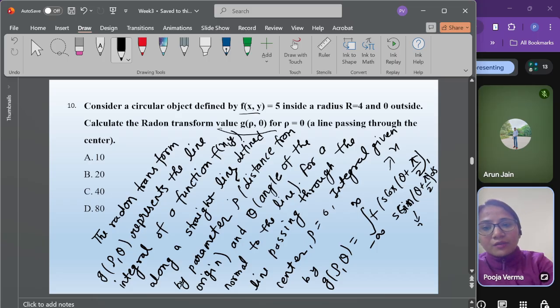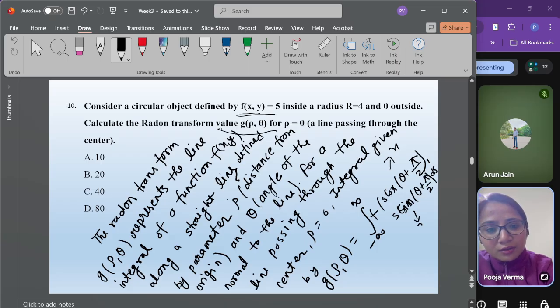Since the considered object is a circular object defined by f(x,y) equal to 5, the object is a uniform circular disk with radius r equal to 4 inside and 0 outside, so the constant value of the function f(x,y) is 5.